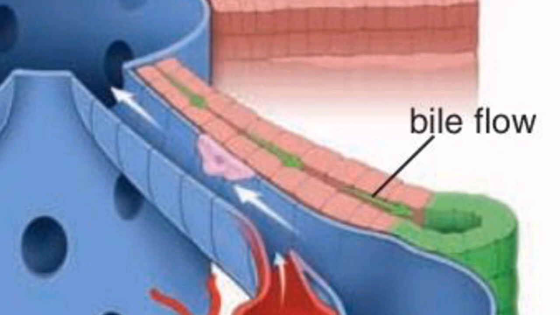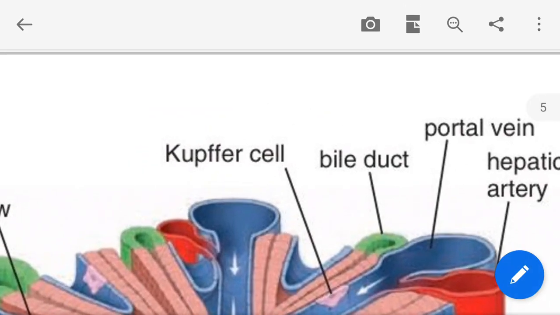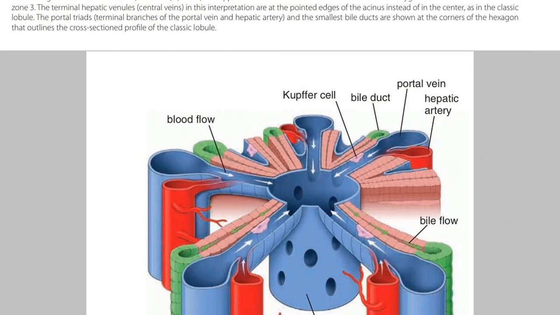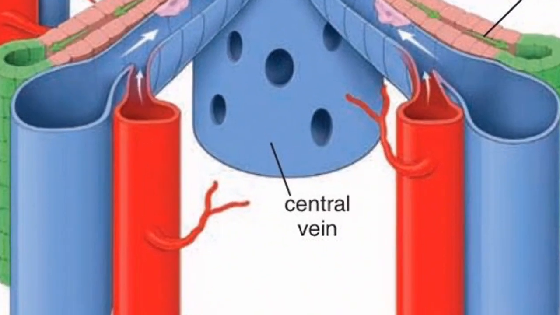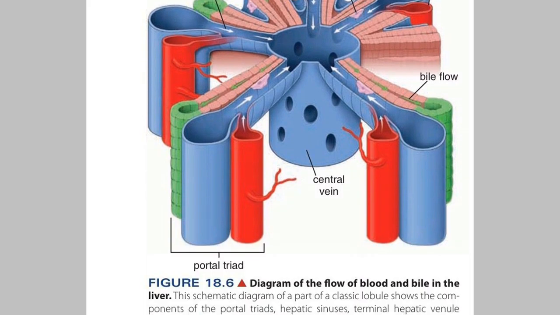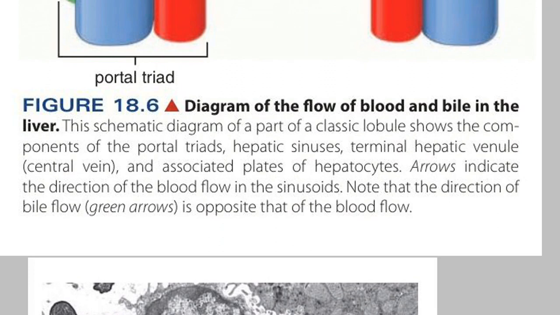As we can see in the figure, the white arrow and the green arrow are opposite. That means the flow of blood and bile is opposite in direction. Kupffer cell. Then in the center, the central vein is shown. This is the information regarding this diagram.